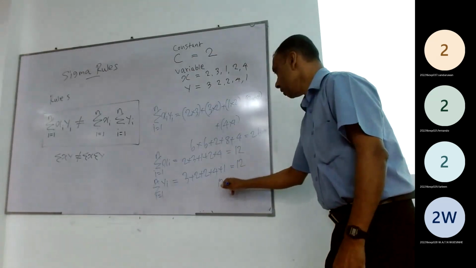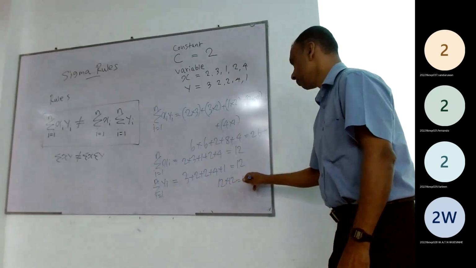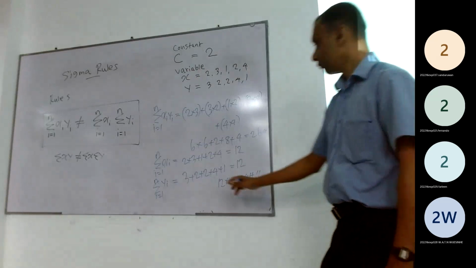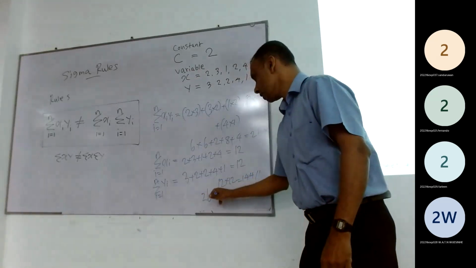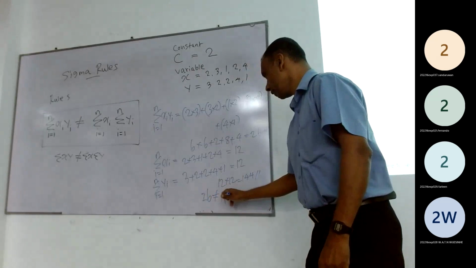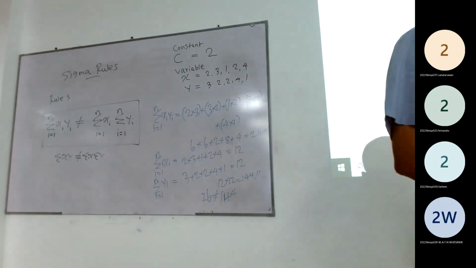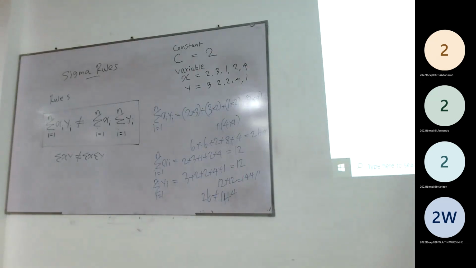Right, then 12 into 12, that is 144. Therefore, instead of 26, if I have calculated 144, wrong calculation.